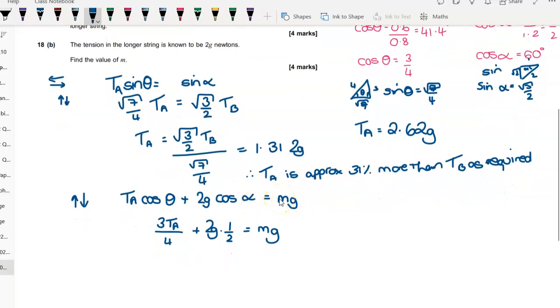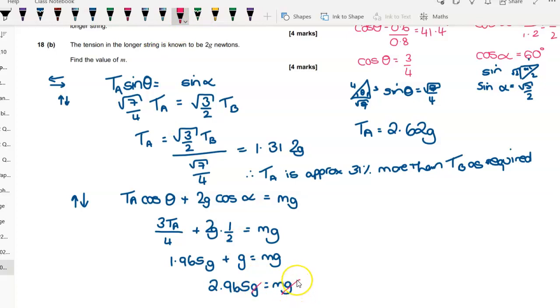So we've got 3 times 2.62 divided by 4 equals 1.965G plus, now that cancels down to just a G, is equal to mg. So altogether we've got 2.965G equals mg. Therefore, M equals 2.965 kilograms.